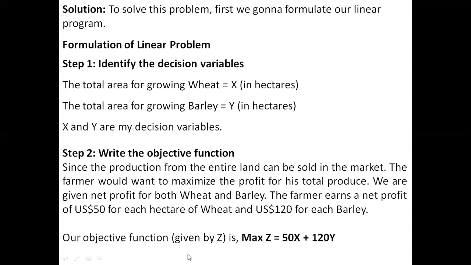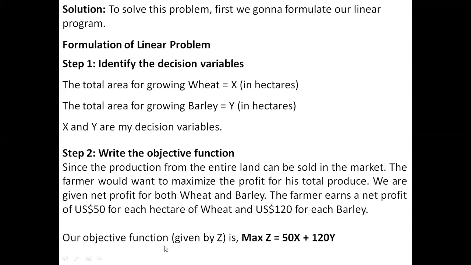Hence the farmer would want to maximize the profit for the total produce. That's the major intention. You are given a net profit for both wheat and barley. So the net profit for wheat is 50 US dollars per hectare, and for barley it is 120 US dollars, right?